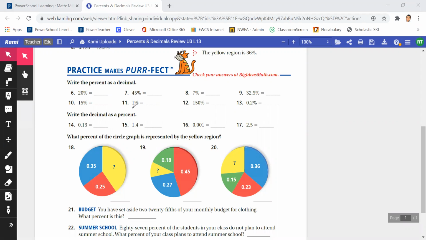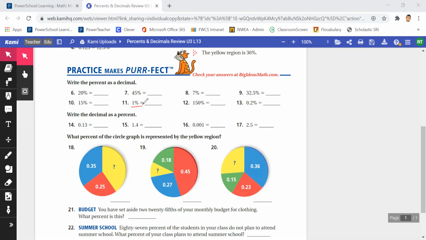It's not 0.1 because if you look at the decimal 0.1 or 0 and 1/10, well, 1/10 is 10 hundredths, right? And so this would actually be 10% as a decimal. So that's not what this problem is.